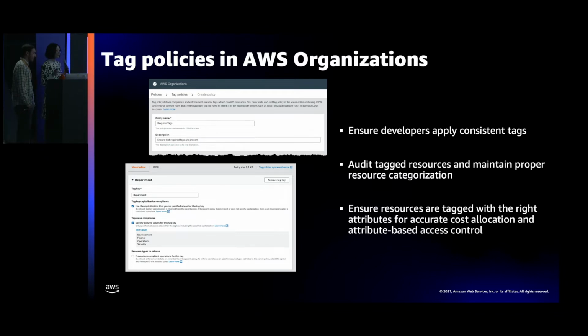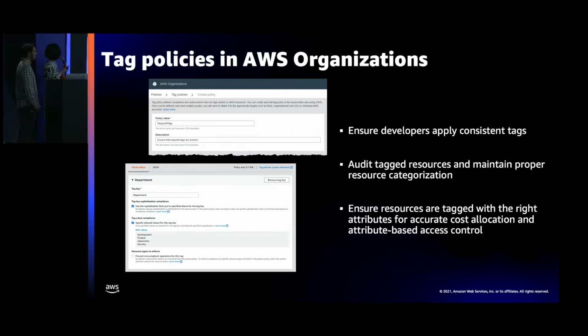Okay. So once you define tags, how do you ensure your teams apply consistent tagging across all your AWS resources? You want to make sure all your resources are tagged properly, and you want to have a view of how your resources are tagged. So you can use tag policies. Tag policies are a type of policy that can help you enforce standard tagging across your organization. You can define tag keys.